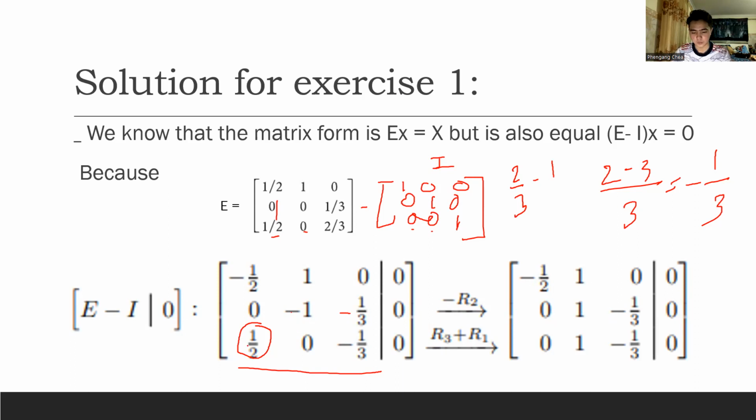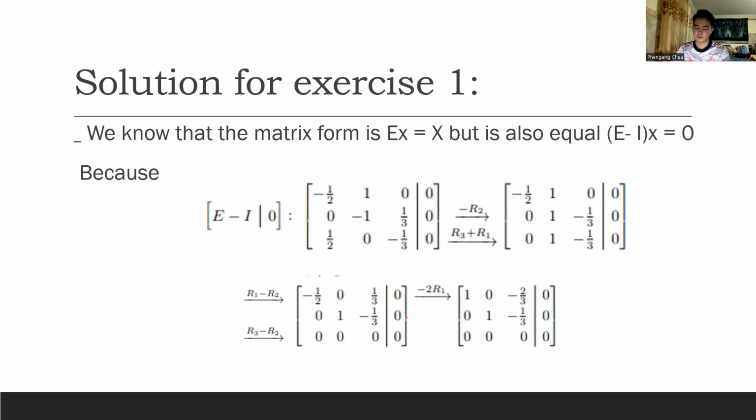And here, 1 on 2 plus minus 1 on 2 is equal to 0, and it's equal to 1. Here 0 plus 1 is equal to 1, and minus 1 on 3 minus 0 is equal to minus 1 on 3. And then we need to compute in order to get this row 0.